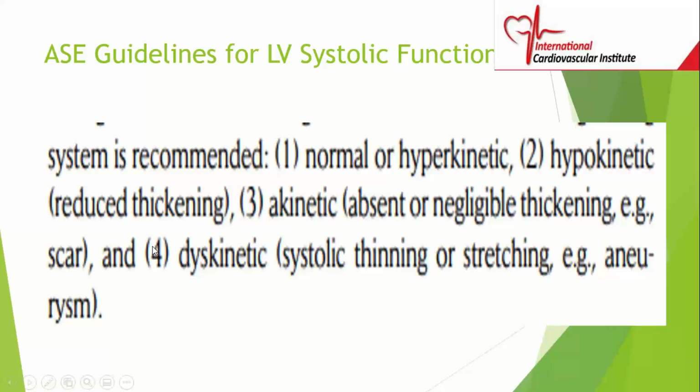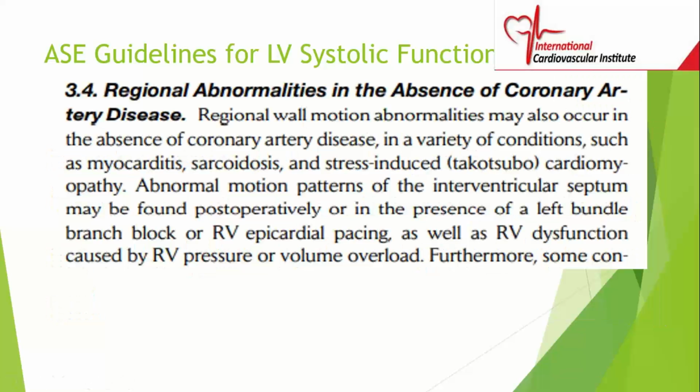So when we're looking at regional walls or segmentation of the heart, there are 4 classifications of motion: normal or hyperkinetic, 1; 2, hypokinetic, reduced thickening; 3, akinetic, absent or negligible thickening; and 4 is dyskinetic, systolic thinning or stretching.